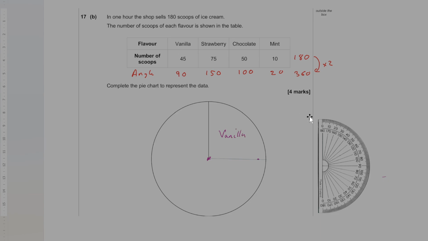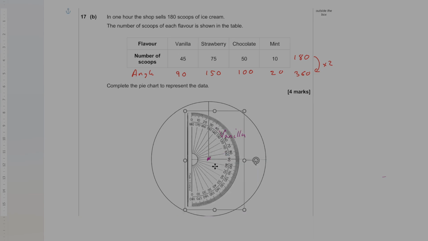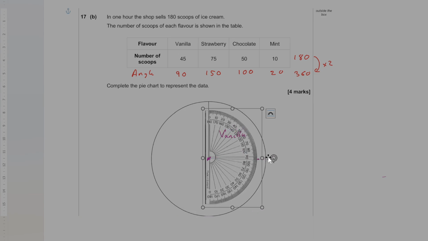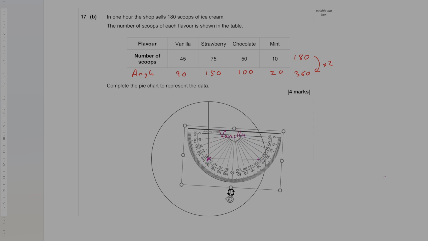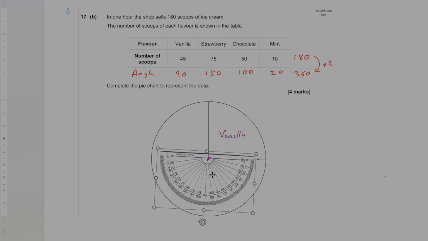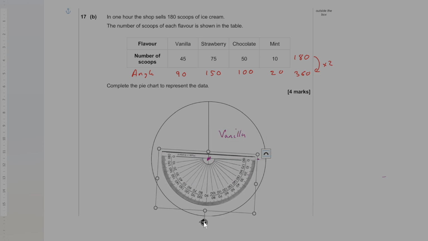Right, my next angle then is 150. So my protractor goes again on the center, and then I need to spin it around. Spinning is awkward, but you'll get the idea. I'm slightly out.